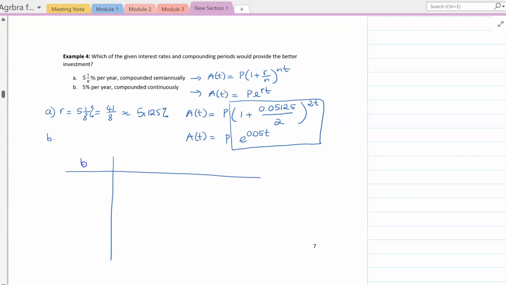Let's pick values for t and calculate 1 plus 0.05125 divided by 2, to the exponent 2t, and e to the 0.05t. Let's pick t equal 1, 2, 3, and 4 and see what we get.